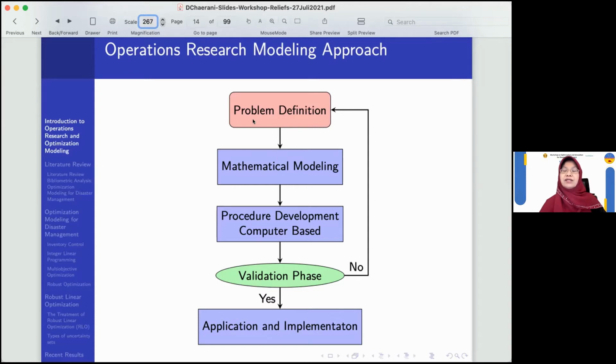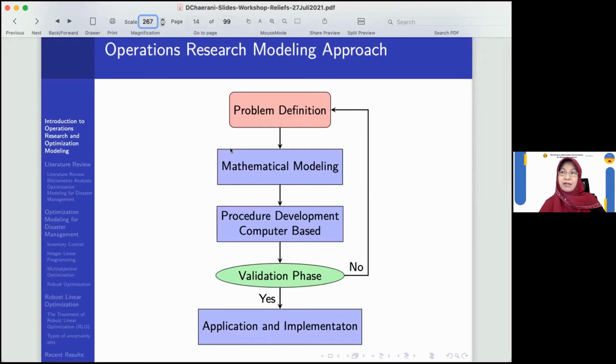After that, we will create a model using mathematical notation to determine the variables and also the data that we require, which is the input parameters. And I would also like to look a little bit at the chat forum. Ibu Regina asked whether it is the same as the dependent variable and independent variable in simple statistics.